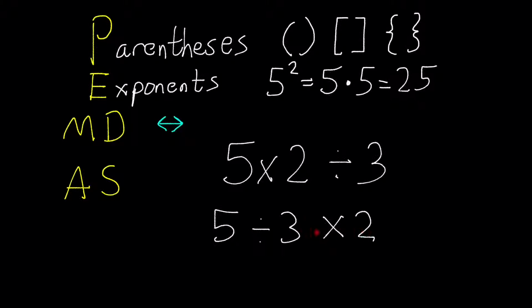With this one, as we read through the problem from left to right, we see division first, so we would divide and then multiply. The same thing goes with addition or subtraction. You don't just do them in any order that you want. It's like you're reading a book. You start from the left side, you read your way through to the right side, and whichever happens first, you're going to take care of.